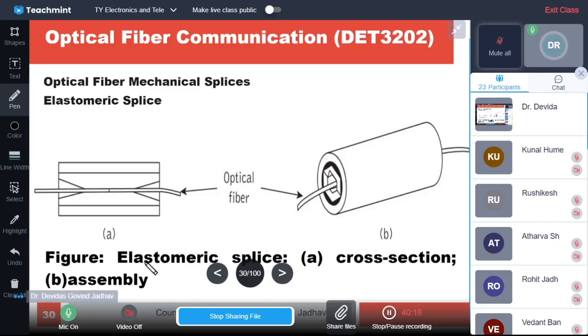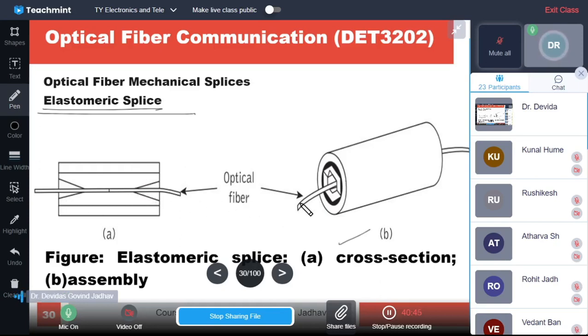So this is the figure for the elastomeric splice. One is a cross-sectional figure and the second is a 3D assembly. The elastomeric splice has a tube-like structure and a holding mechanism, with one V groove and one flat. This is the cross section.